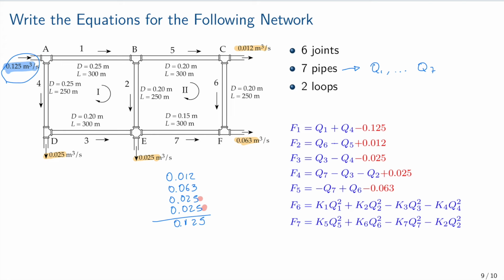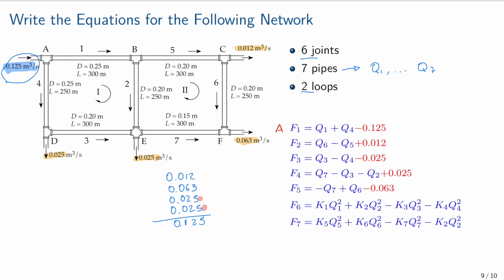So now let's have a look at the equations. I numbered the equations here from 1 to 7. We could have 8 equations because we have 6 joints and 2 loops, so there is one equation in excess. So I decided that the equation for node B is not necessary. So this is the order of the equations.